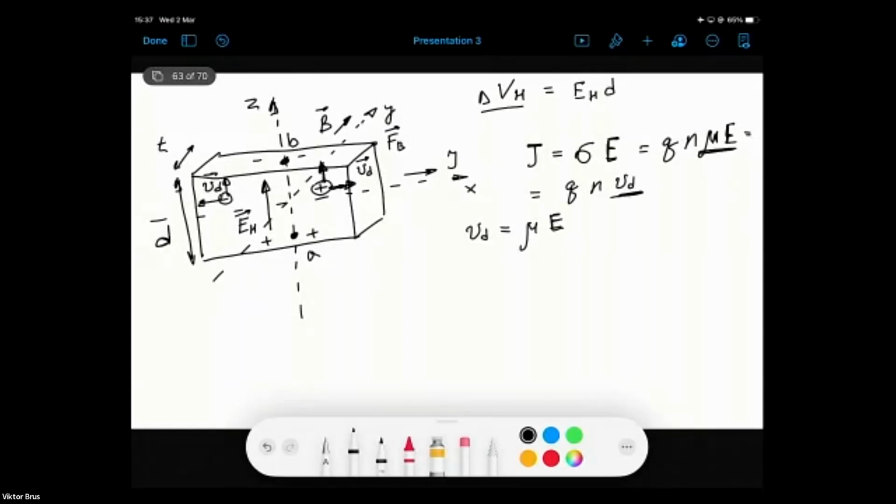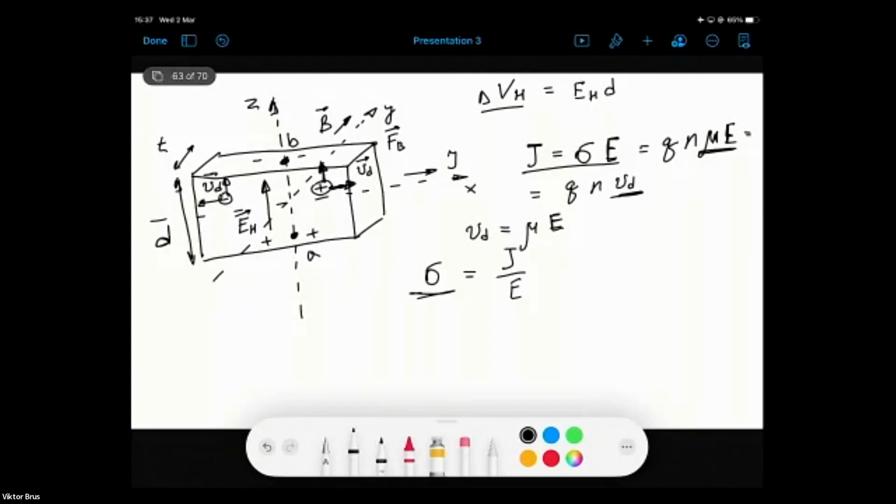So if we measure them, from this equation we can calculate sigma, the specific electric conductivity. Sigma will be equal to J divided by E. So we can measure both of these, J and E, which means we can get the value for sigma. That's already very good. Specific electrical conductivity is an important parameter of materials.